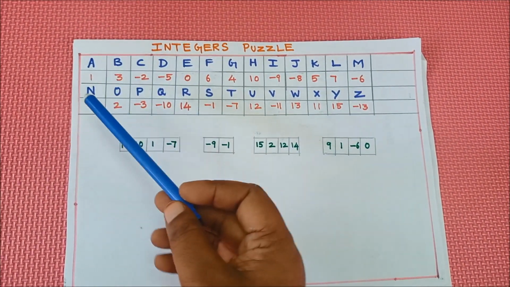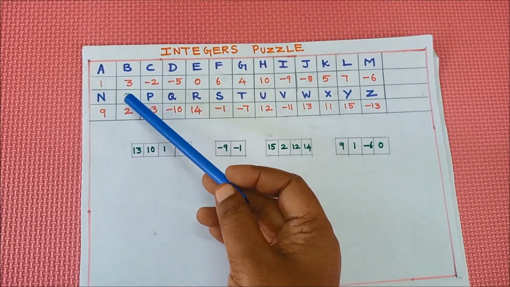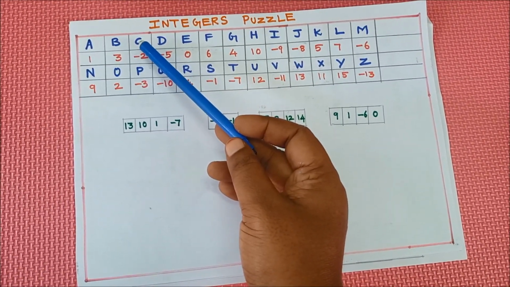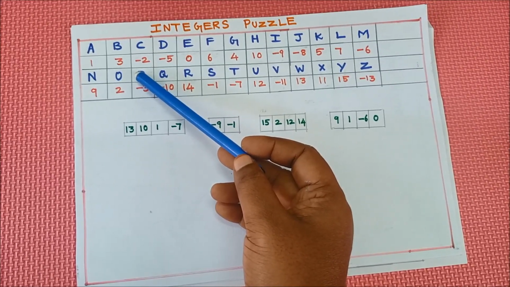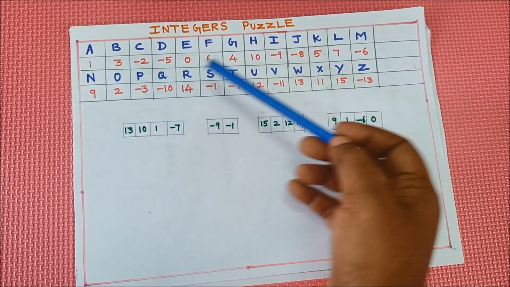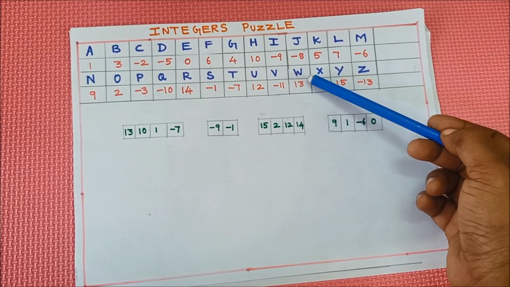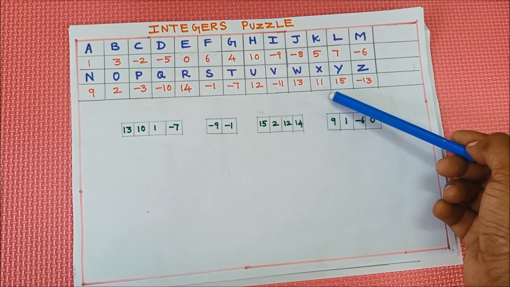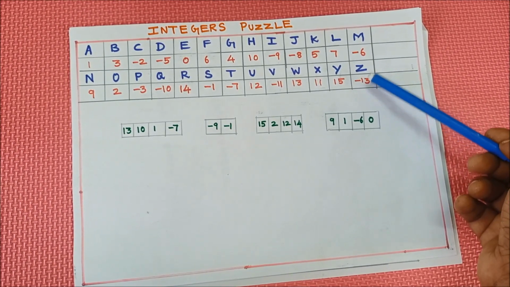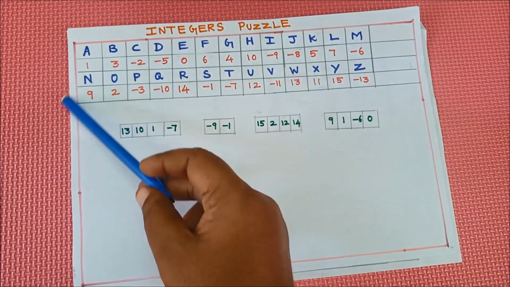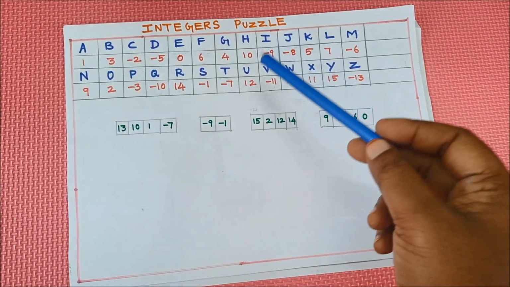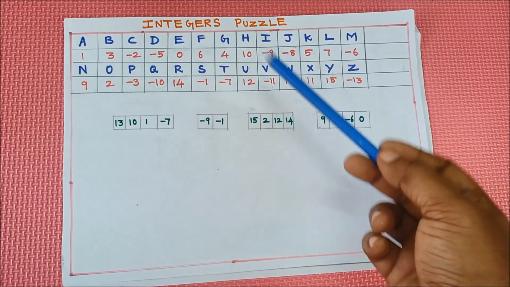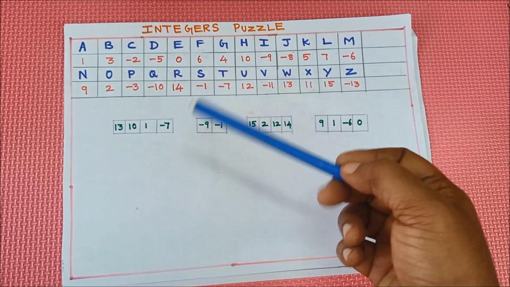For example, the alphabet A is represented as 1, B as 3, C as -2, and at the last, W as 13, X as 11, Y as 15, Z as -13. So all 26 alphabets are represented as integers.